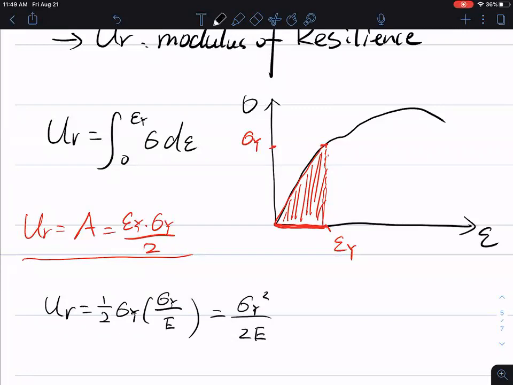But keep in mind, no matter which equation you use, resilience is a property just inside the linear region of your stress strain curve, for most cases in this class.